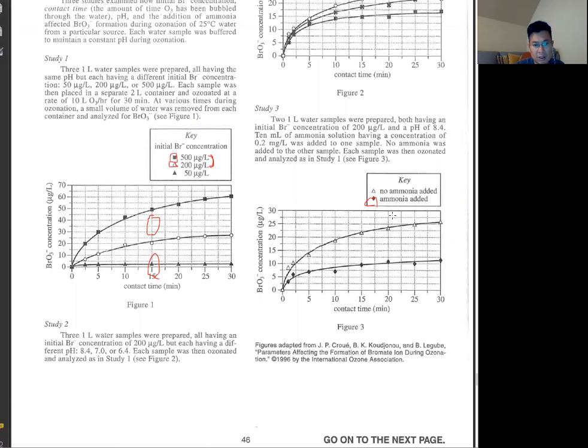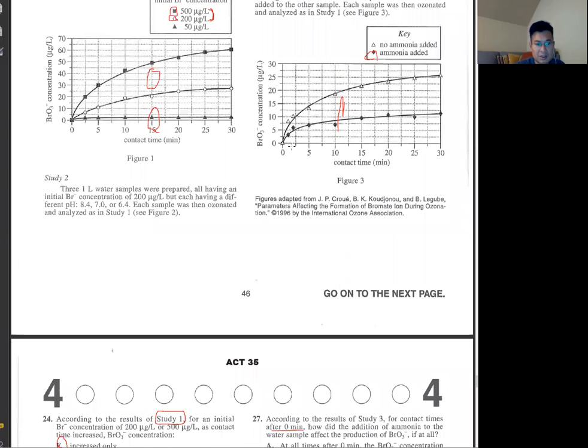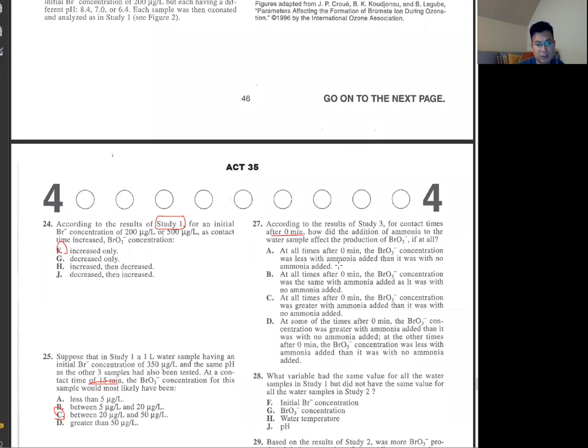If you're putting in ammonia, it actually lowers the concentration. Going back to the question, at 0, it's all the same, right? As time goes by, it is actually lower. So which means A.